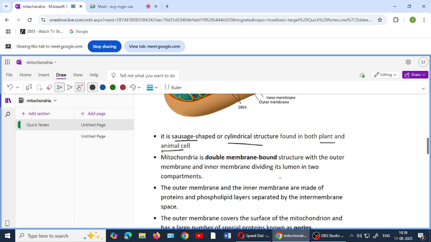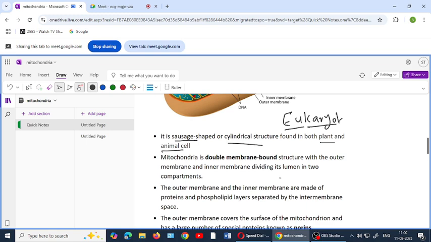Are they prokaryote or eukaryote? So they are eukaryote. Eukaryote means true.